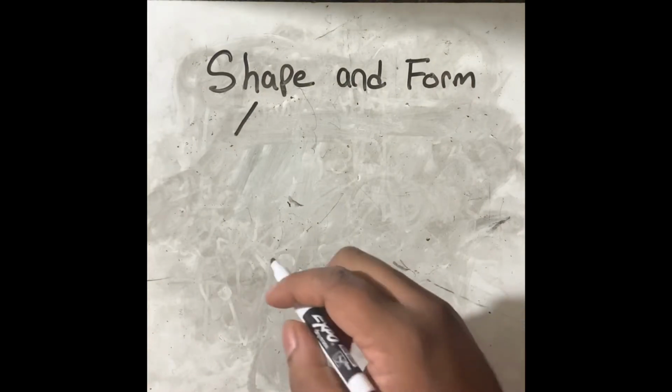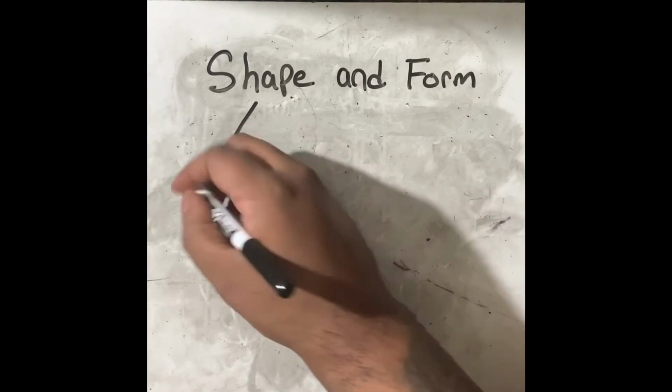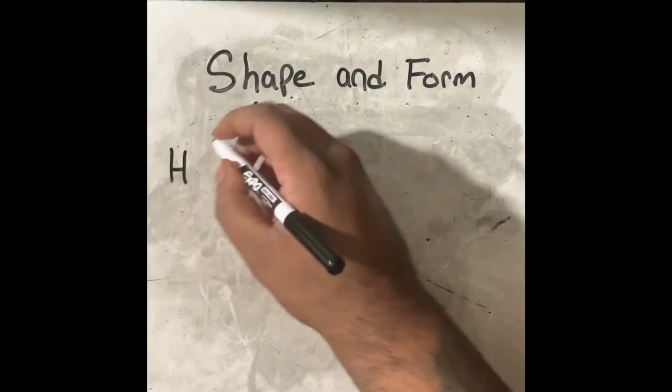Shapes can be defined as a mathematic equation, usually composed of 2 dimensions.